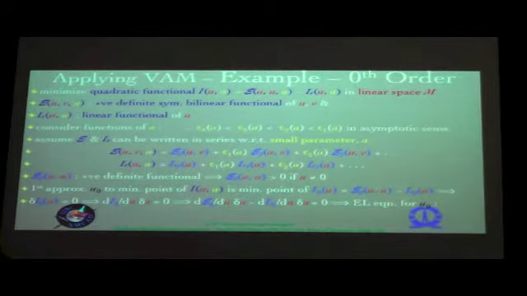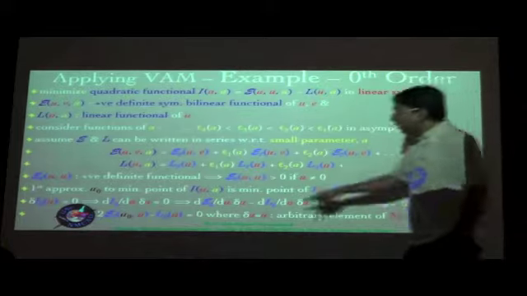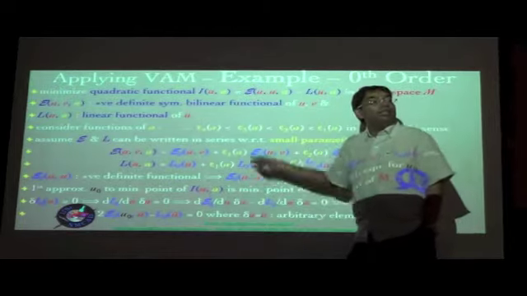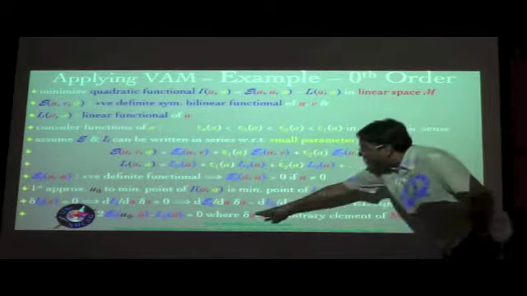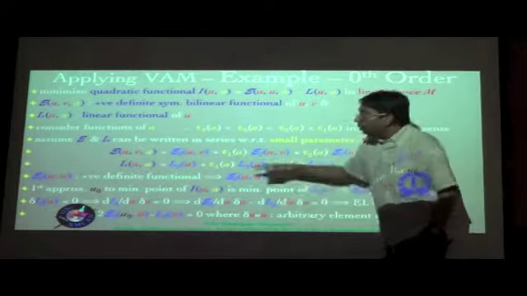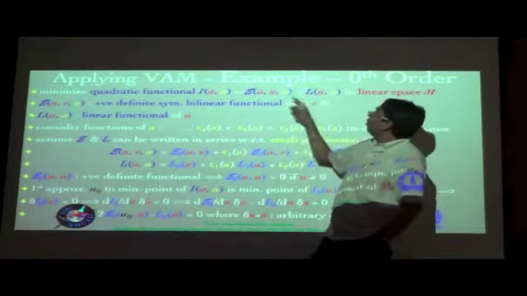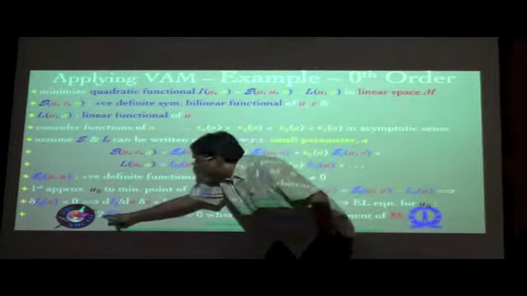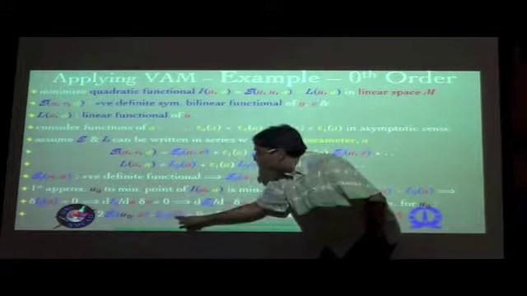So this becomes the Euler-Lagrange equation for u naught, which can be further simplified into this particular thing, because remember that E naught is a bilinear functional. So when you take the derivative with respect to u, you're basically going to get a factor of 2. And if you rope in this delta u and call it, let's say, some u bar, you can go back and write that derivative once again in terms of the functionals that we already have, in terms of which we defined E, and therefore you can see that it's quite clear that 2 E naught of u naught comma u bar minus L naught of u bar.